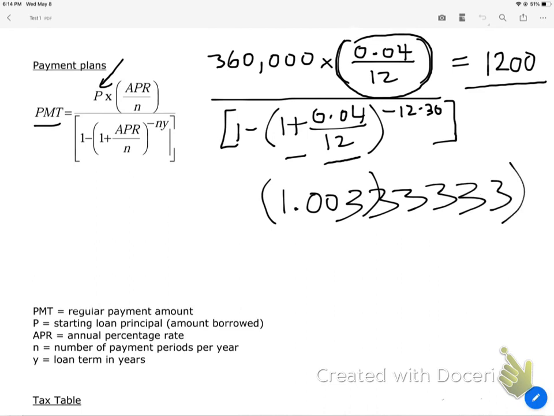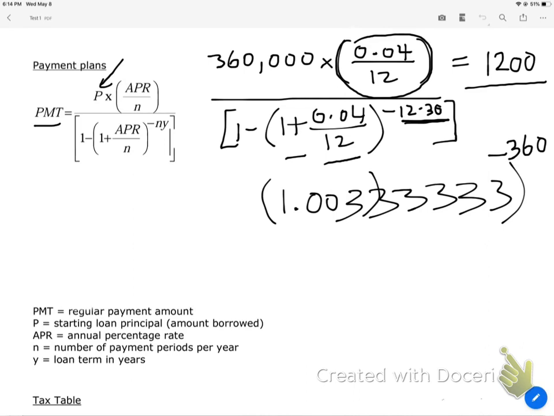Now I'm going to keep that on my calculator, 1.00333333, and raise it to the power of negative 360, because that's what 12 times 30 is. Remember, n is 12 because it's monthly, and 30 years, that's 30.